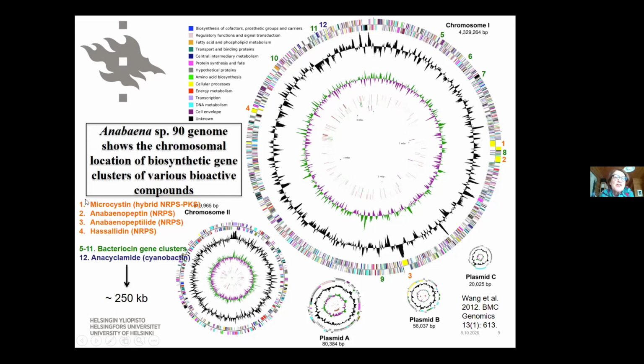There are microcystin, anabaenopeptide, and hassallidins. Hassallidins were a new finding from this genome, and we could later show that they are very common among other filamentous cyanobacteria. Then the bacteriocin gene clusters were also common, and anacyclamide, and altogether 250 kilobase pairs were dedicated to these biosynthetic systems.